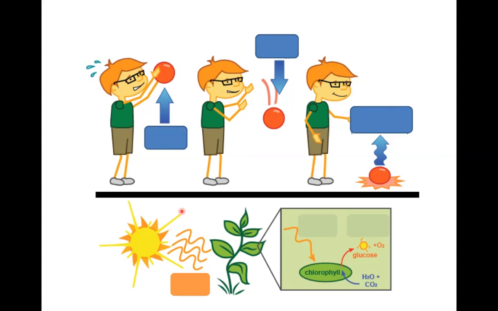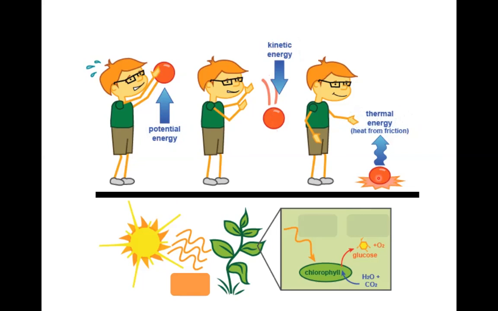So as an example, when we lift up an object, it possesses gravitational potential energy. When we let go of that object, the gravitational potential energy is turning into increasing kinetic energy. Then when that object bounces against the floor, we've got thermal energy.